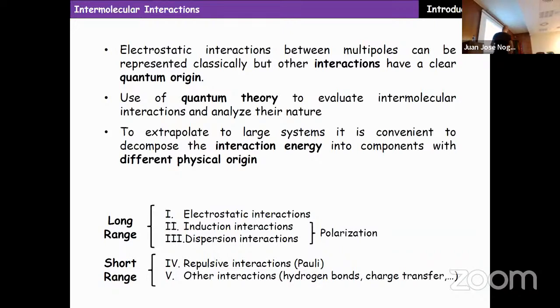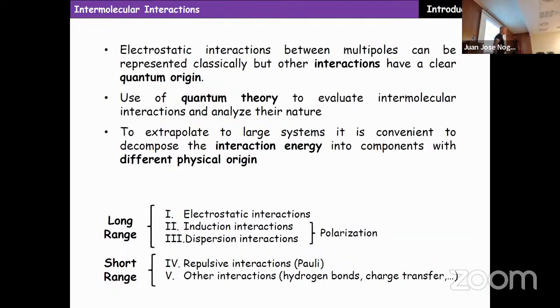Okay, so electrostatic interactions between multipoles can be represented classically, but we know that other interactions have a clear quantum origin. Which intermolecular interactions have a quantum origin, so cannot be represented classically?